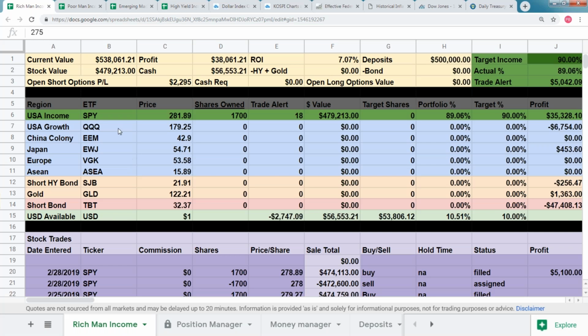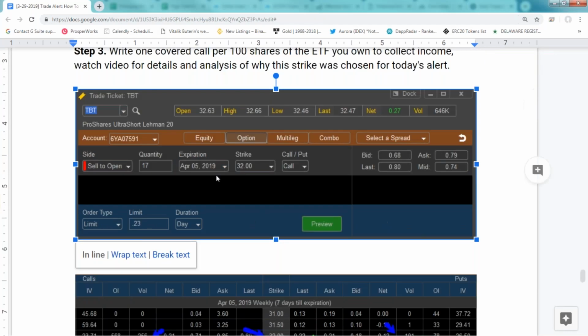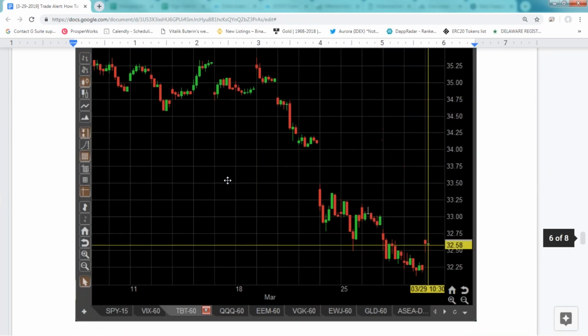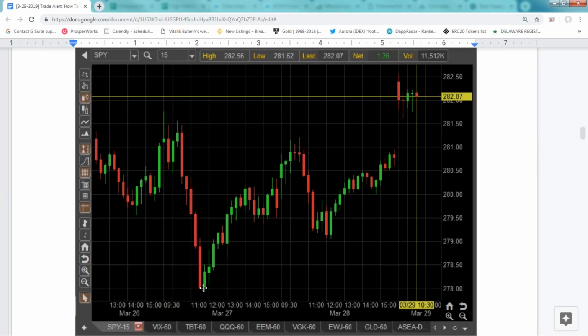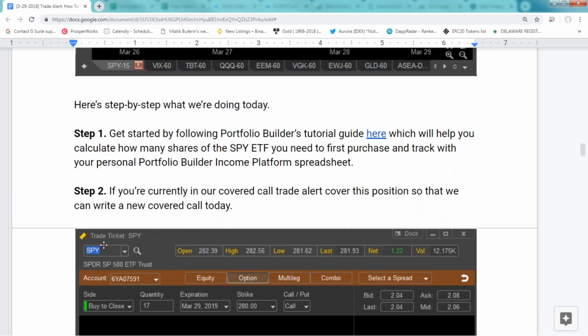And so if we look at today's trade alert, let's first look at what happened. So we had this huge run from 278 to 282 in a period of 2 trading days in the open. So it's a big run up. What did the option market predict is going to happen?